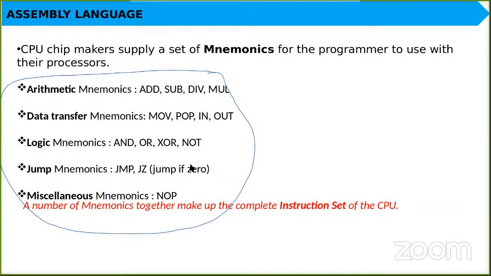Okay, so these are the mnemonics of your 8085. So all these mnemonics come together to create what is called as the instruction set of the CPU. So how do you work with the CPU? You work by means of the instruction set as such.